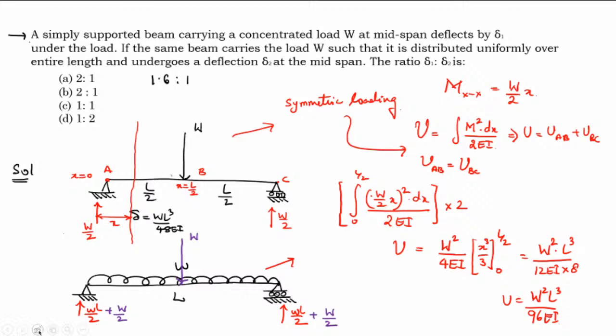Now take the section XX here. Writing the moment for section XX, M_xx is equal to small wL by 2 plus capital W by 2, times x. Let me just erase this.